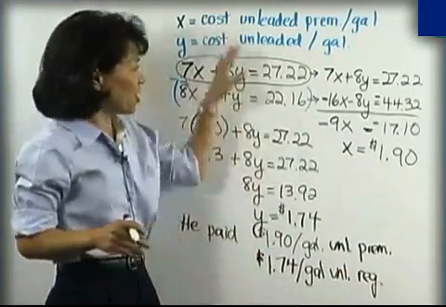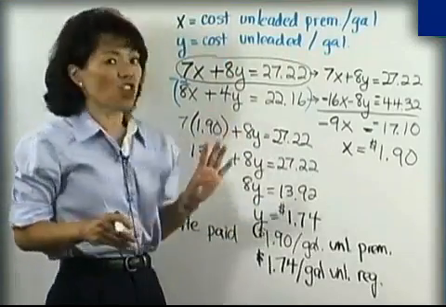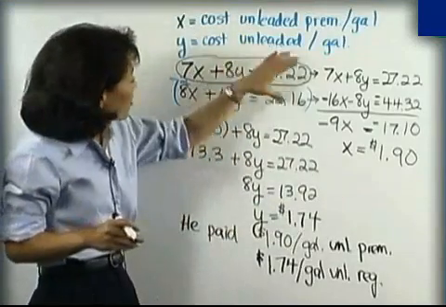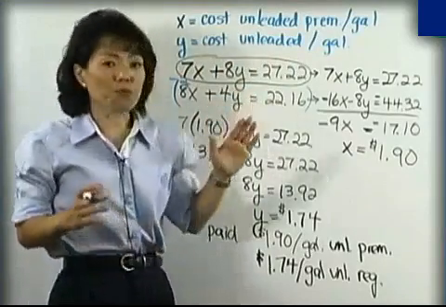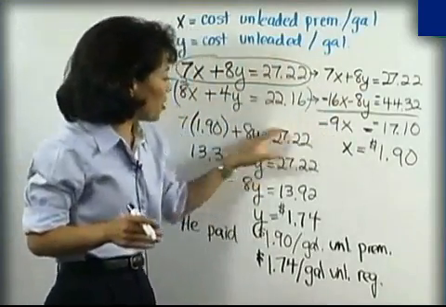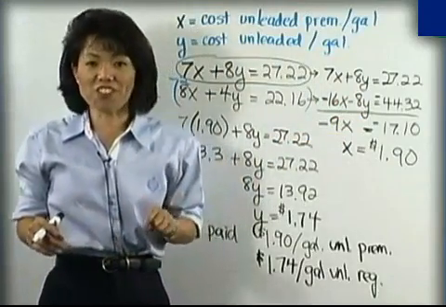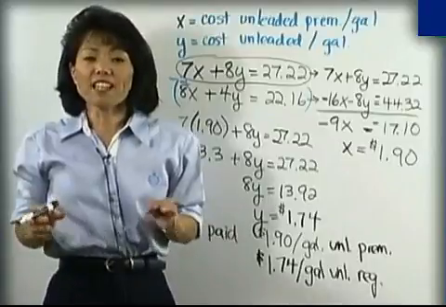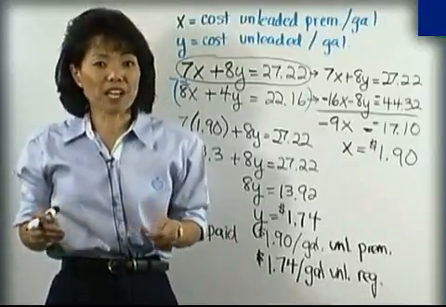Now, that was a lot of work. Most students have the most difficulty in solving word problems when they have to set up these equations. Once you get the equations, of course, the rest of it you should be comfortable with because it was simply solving that system of equations. So my advice to you is just to read the problem carefully, perhaps read it more than one time.